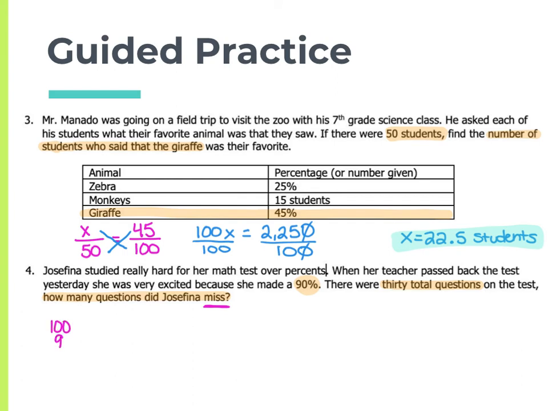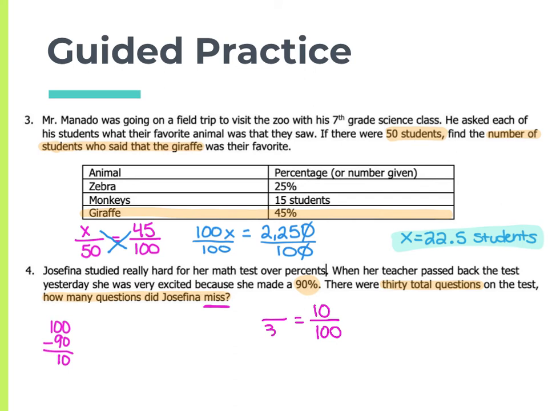So when we subtract 90 from 100, she missed 10% of the questions. So I want to make sure that 10% is what's included in my proportion. So she missed 10% of the questions out of 100%.